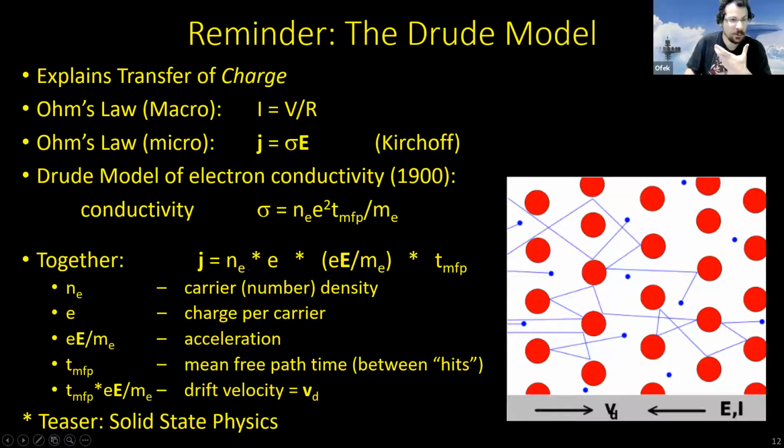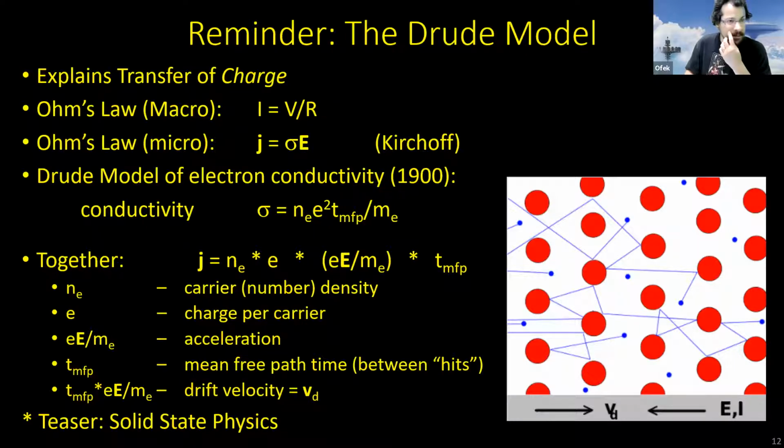What is the velocity at which it will move? Well, velocity comes from the acceleration, which comes from the force. So the force is e times E, that's the Lorentz electric force, divided by the mass of the electron gives you the acceleration. That's just Newton's second law, a equals F over m.